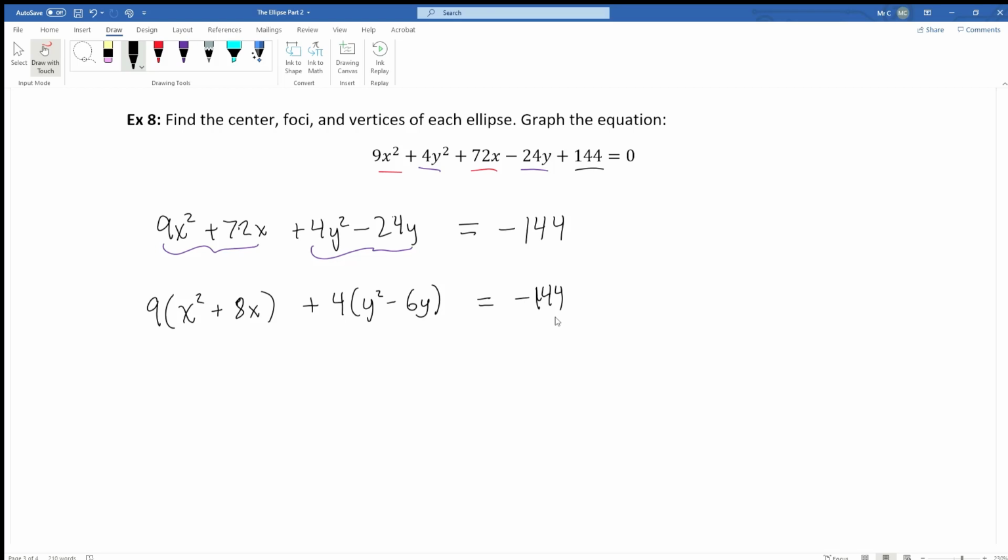Now, in order to complete the square, I'm going to have to add and subtract (b over 2) squared to each of these polynomials, just like I did before. But first, let me just write a little gap here for each one.